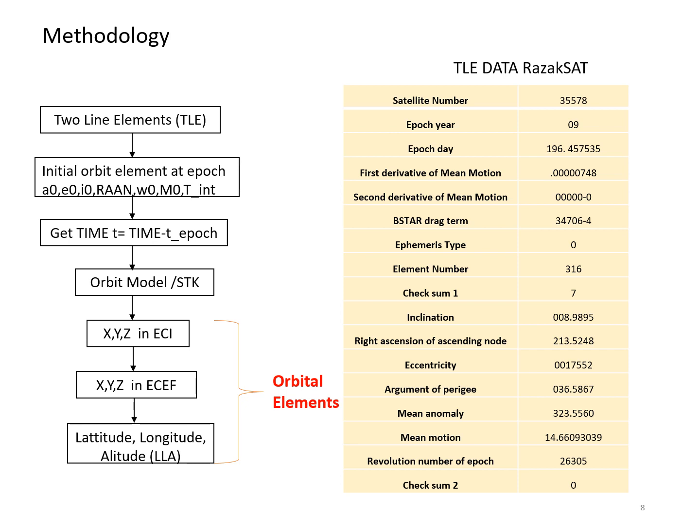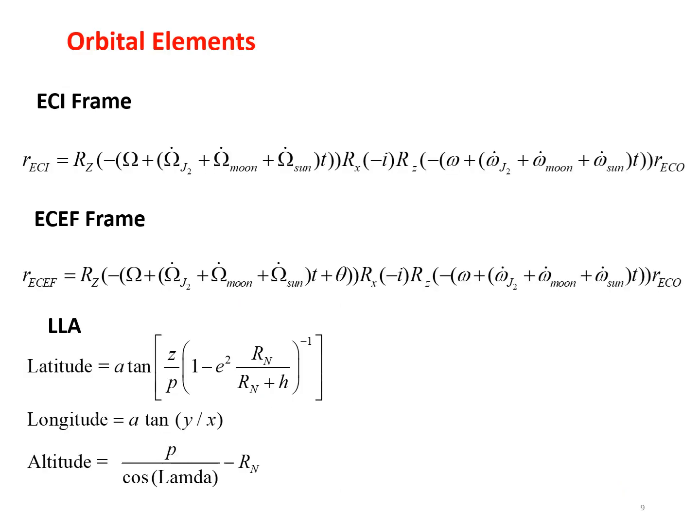The orbital elements have three parts: first the ECI frame, secondly the ECF frame, and lastly LLA. These orbital elements we describe in the result. This is the mathematical equation we use for the ECI frame, ECF frame, and LLA.